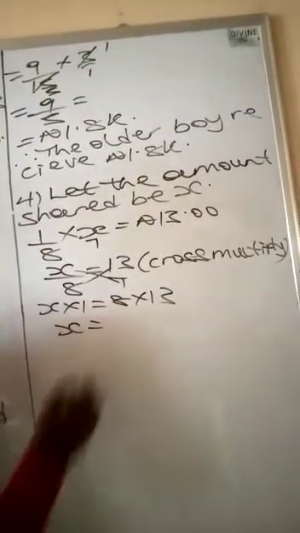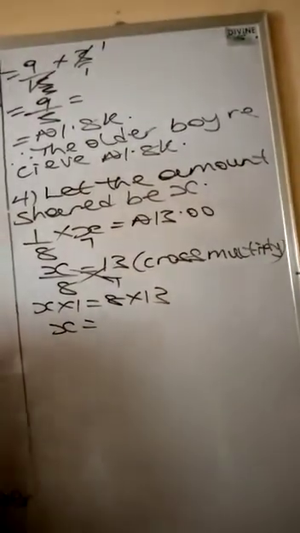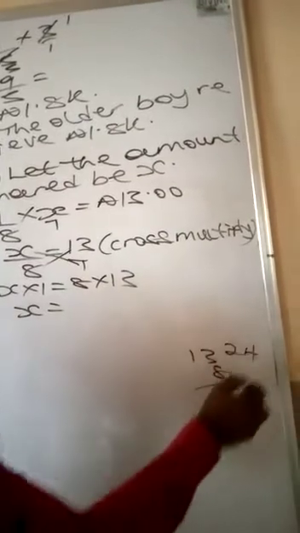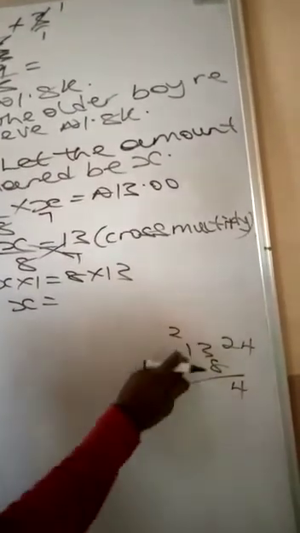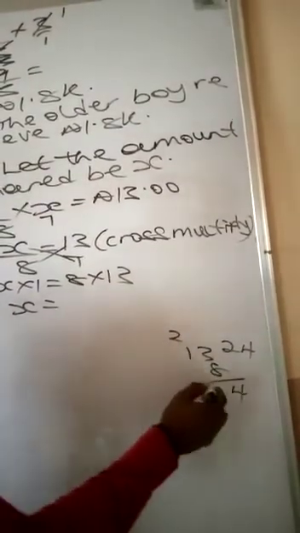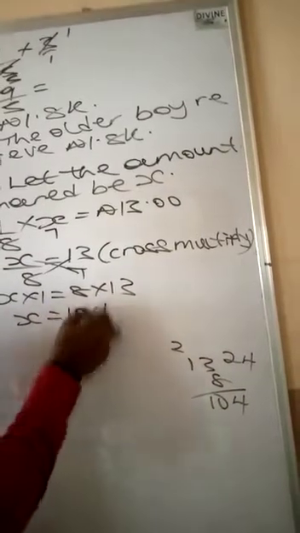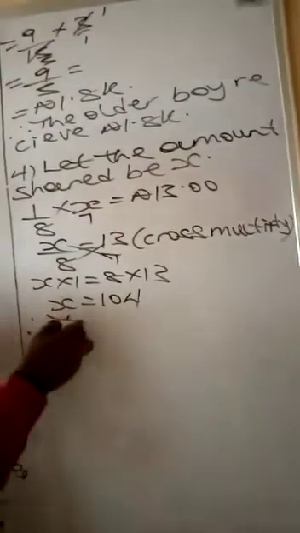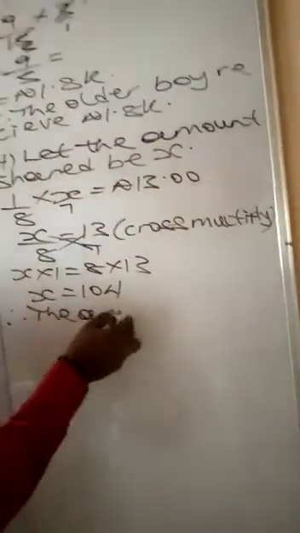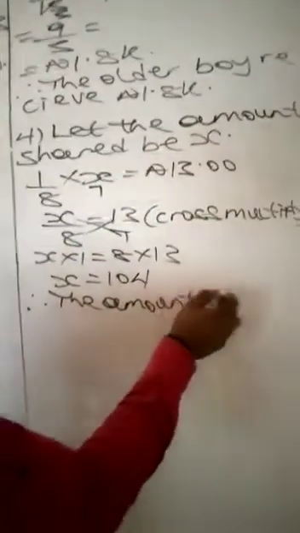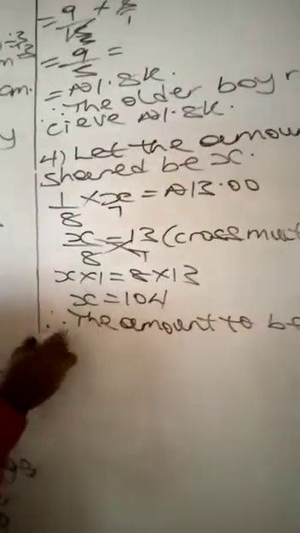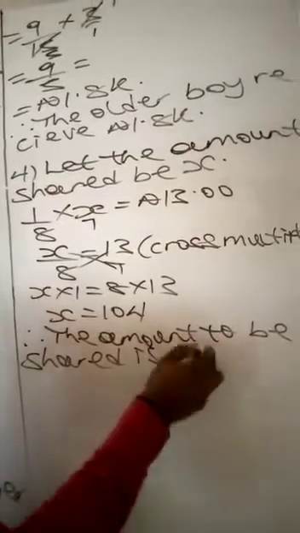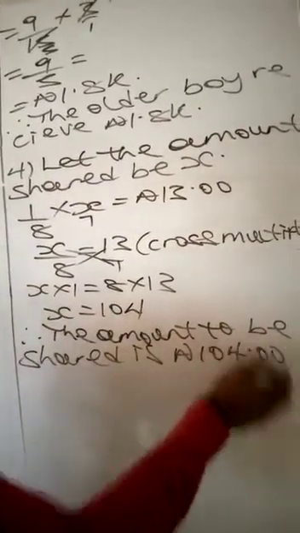This will give us X. Then we multiply: that will be 24, so we carry 2. 8 plus 2 will give us 10, so we have 104. So we can now say, therefore, the amount to be shared is 104 naira 0 kobo.